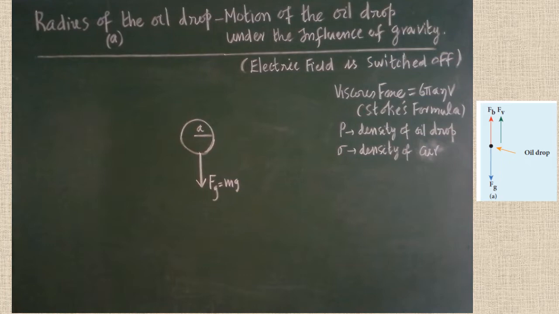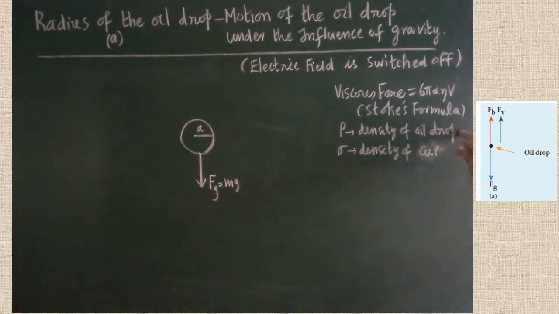Here we have to replace the term m. The density of the oil drop is taken as rho, and the density of the air is taken as sigma. To derive the expression for m, we know that the density of the oil drop is equal to the mass of the oil drop divided by the volume of the oil drop.